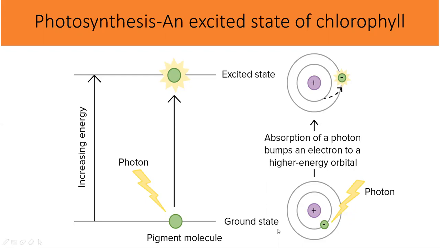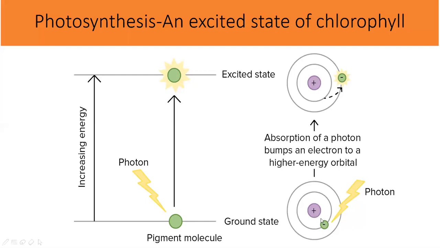How does this chlorophyll get the energy? From light. Light transfers the energy in the form of photons. Light rays always carry energy packets, which we call photons. When these photons hit the chlorophyll molecule, the energy from the photons is transferred to the chlorophyll molecule.